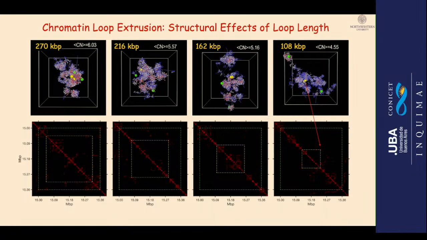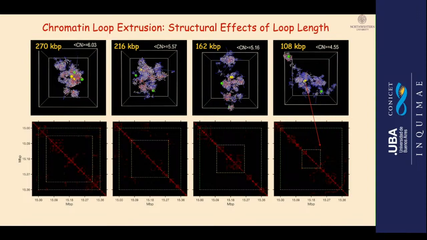Here we examine the 2D contact maps corresponding to the structures from the previous slide. Each column shows a 3D structure on the top and its single-cell 2D contact map below.